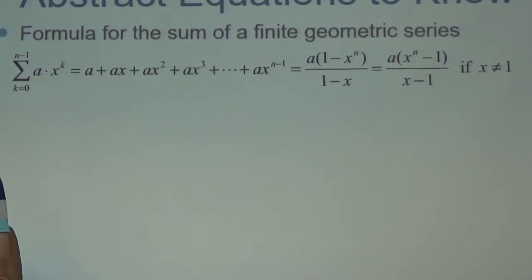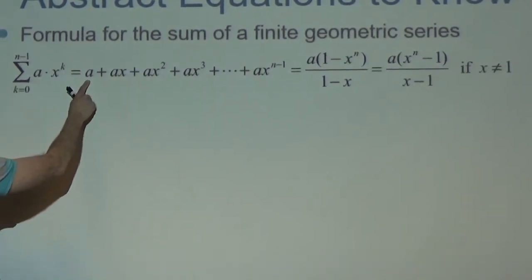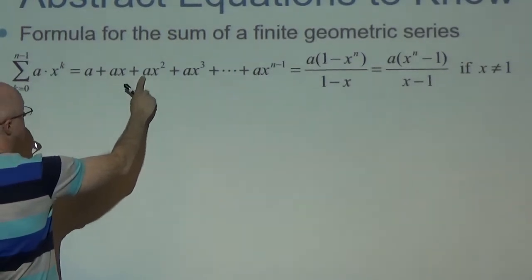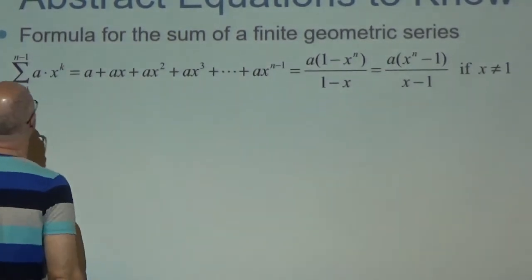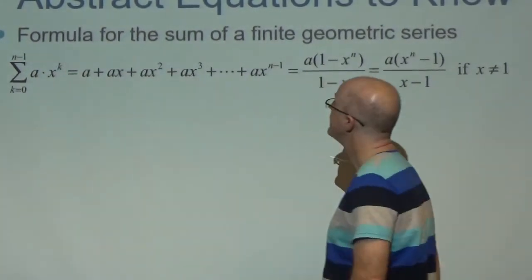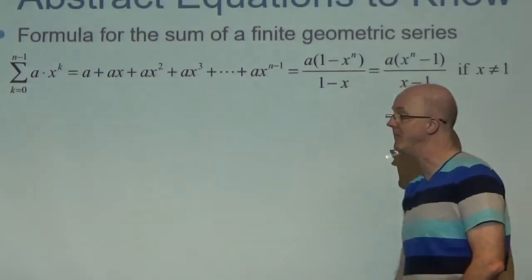We just take, formally speaking, x to the 0 power to represent the number 1. So this first term is really a times x to the 0 power plus a times x to the first plus a times x squared, etc. The last power of x is the n minus first power. Since we're starting with the 0th power of x, there are n terms in this sum.